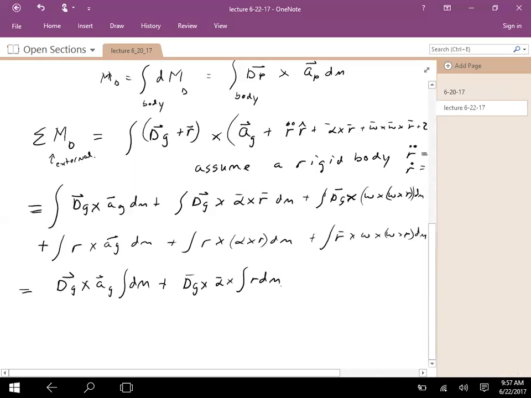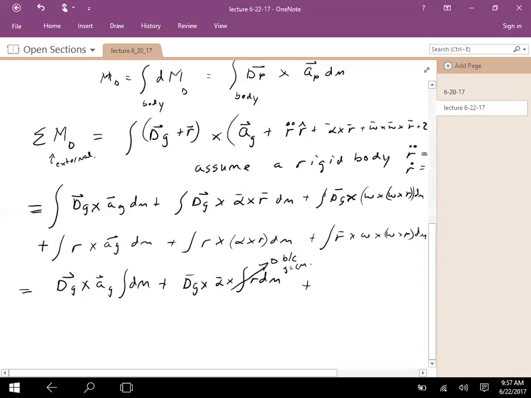The integral of r dm is what? Notice I'm integrating about point G, the centroid. By definition, the integral of r dm about the centroid goes to 0. The centroid is chosen as that point at which the integral of r dm goes to 0. So anytime I get an integral of r dm, that's going to go to 0 because G is the center of mass.